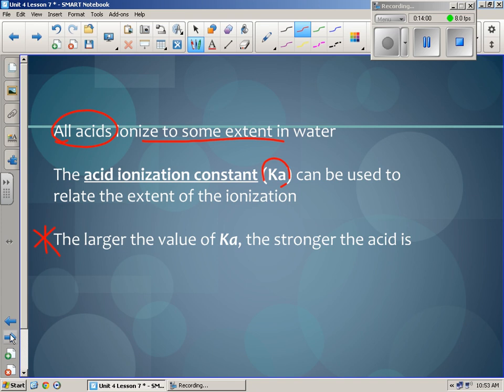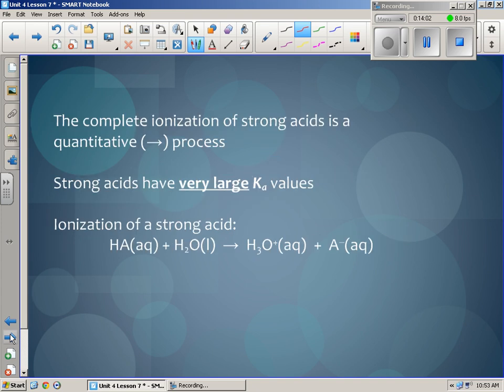All right? Next. The complete ionization of a strong acid is a quantitative process. That basically means it's a one-to-one relationship. It's very quick and easy to do. It's directly, everything here turns directly into everything on the product side. Done. Okay? Strong acids have a very large Ka value, so that basically means that probably a number bigger than 1 or whatever the case might be.